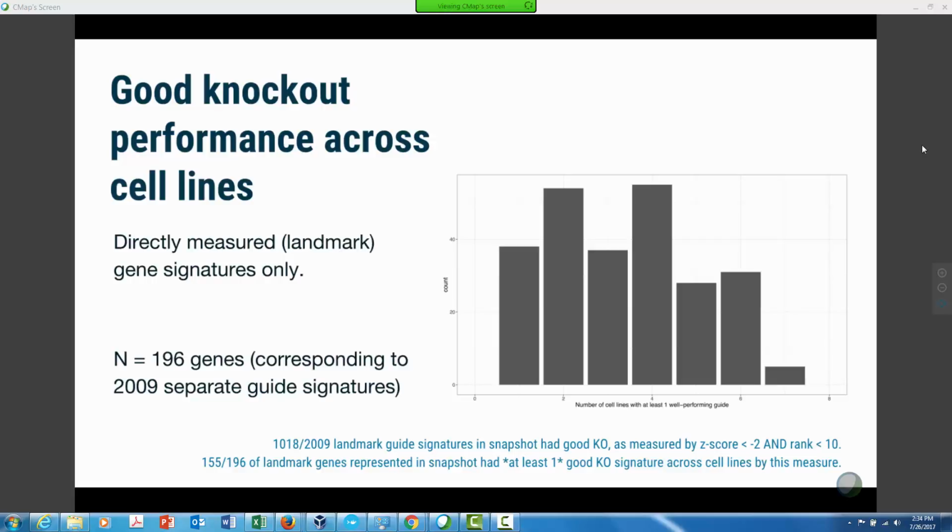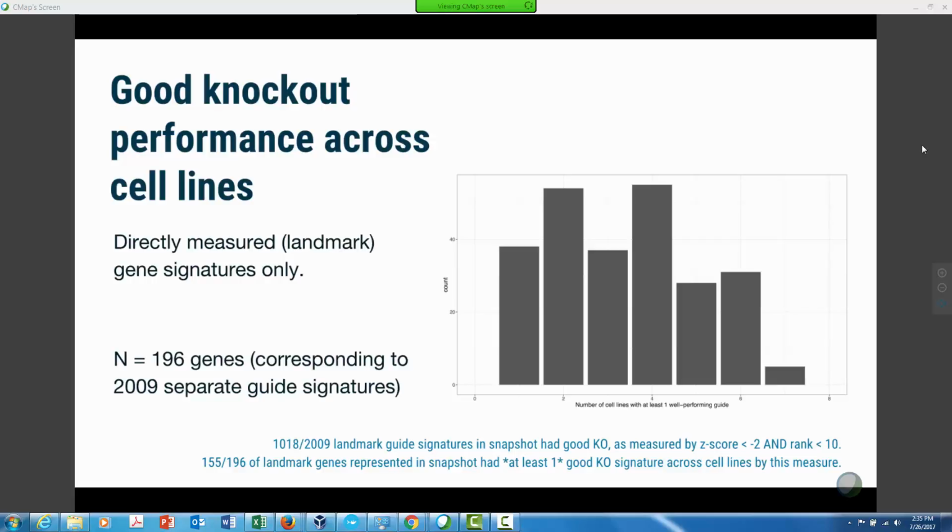But the main point of it is that for the most part, guides didn't just work in one cell line. They worked in not all of them for the most part, but a subset of them. And if you think about how different those cellular contexts are, that makes a lot of sense, right? Baseline expression of these genes is going to be pretty different across these cellular contexts.